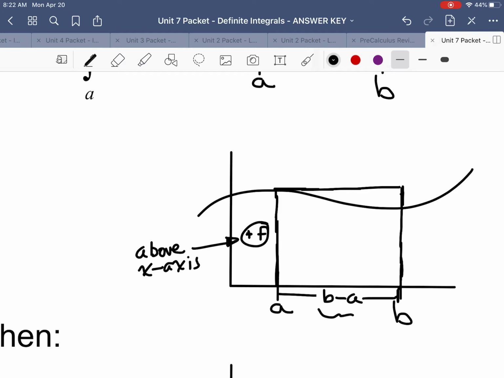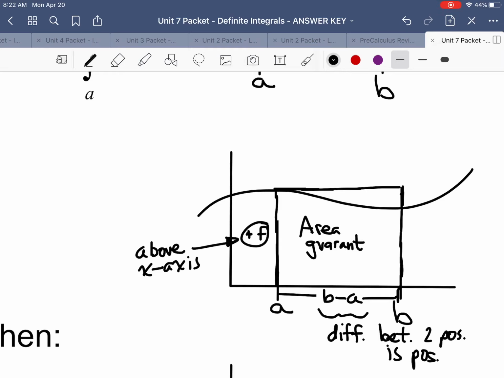The difference between two positive values is going to be positive itself. So area guaranteed to be positive.